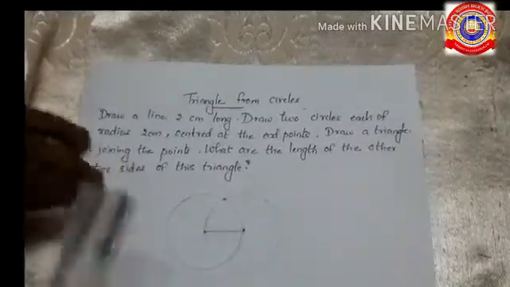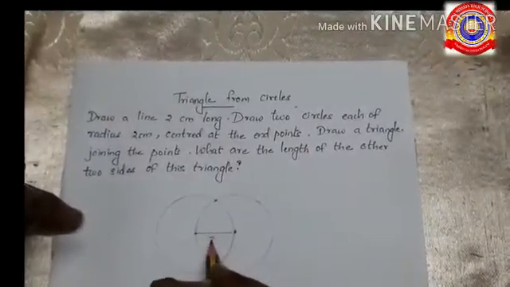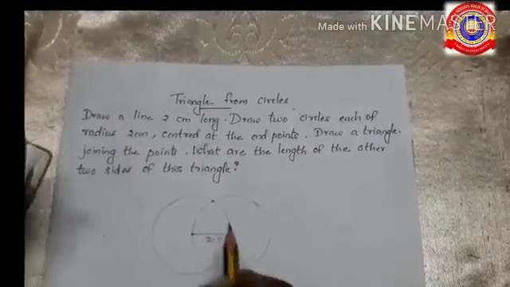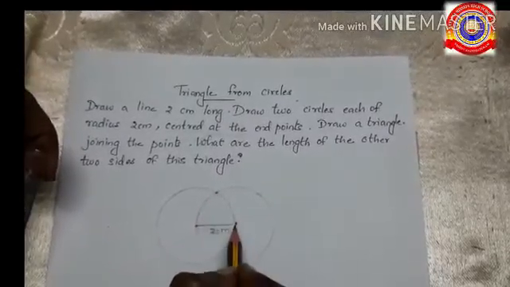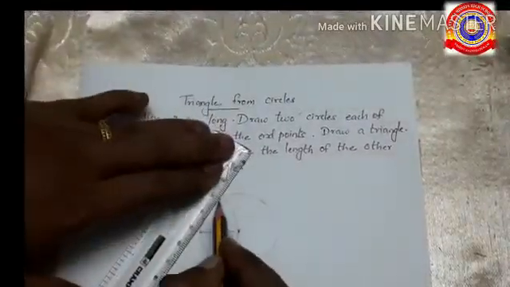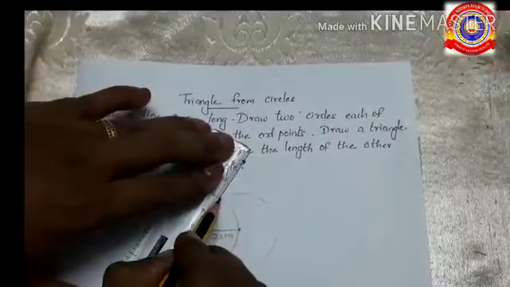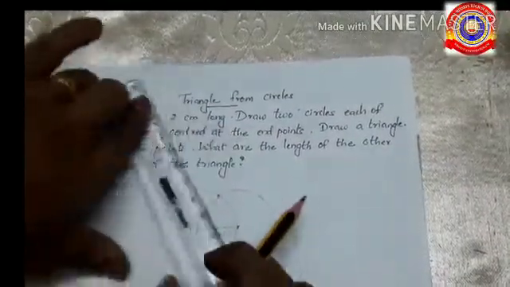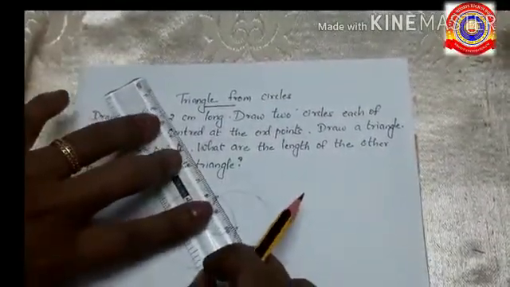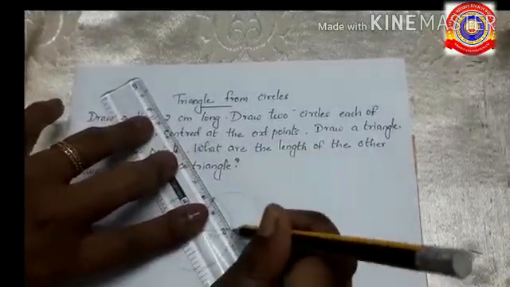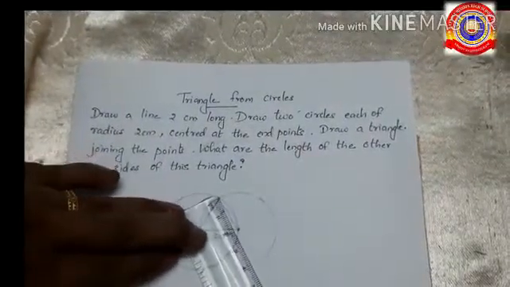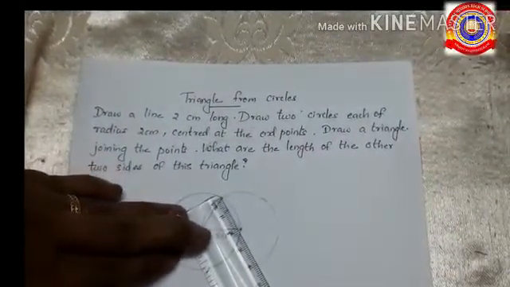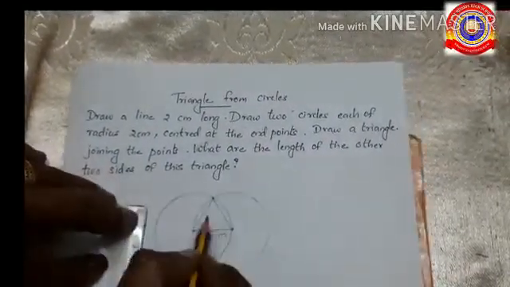Here, the length of this side is 2 cm. Now, join these points and draw a triangle. What is the length of the two sides of this triangle?